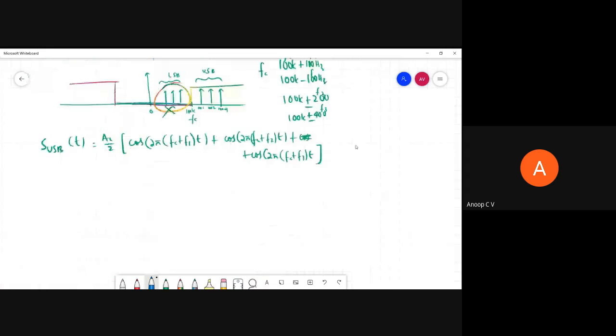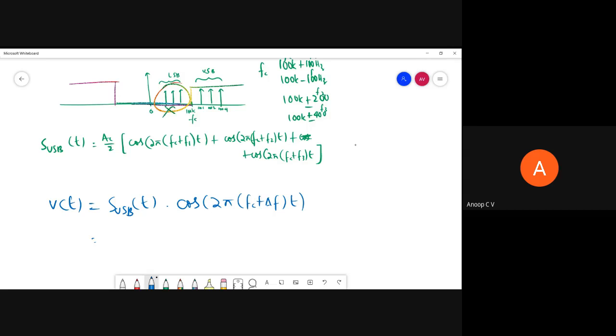So v of t is actually the product modulator output of the coherent detector. It will be s usb of t into cos 2 pi (fc plus delta f) t. You can write it like this only, then it will be easy for you to understand.